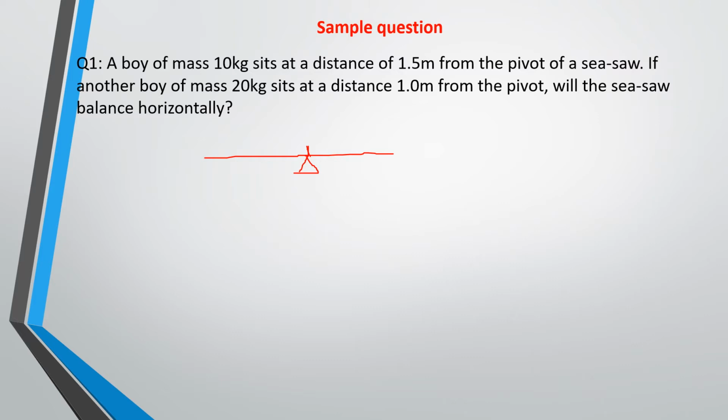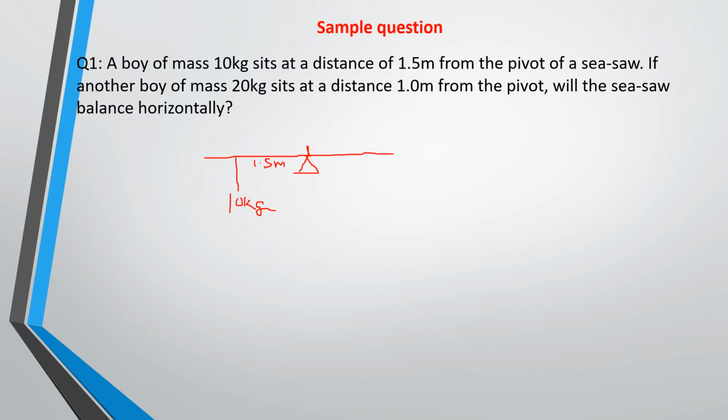So which means that if the boy sits at this point, the boy is 10 kg. So if he sits at that point, that means that this will be 1.5 meters. See, that's how you interpret questions on moments. So we have gotten this part of the question.